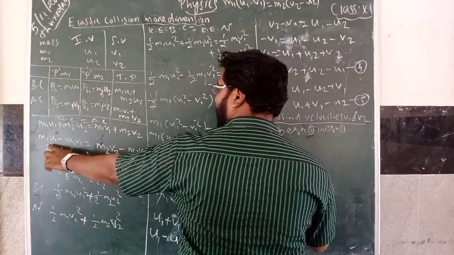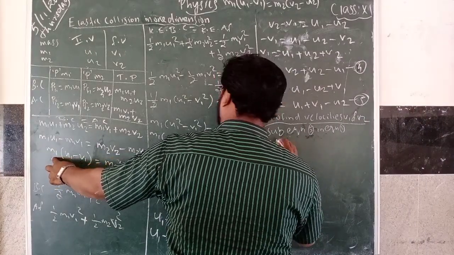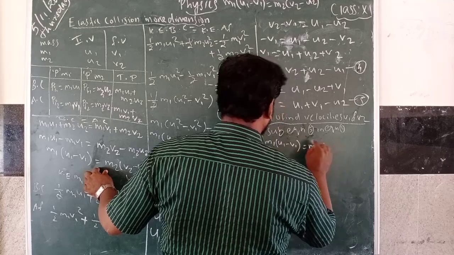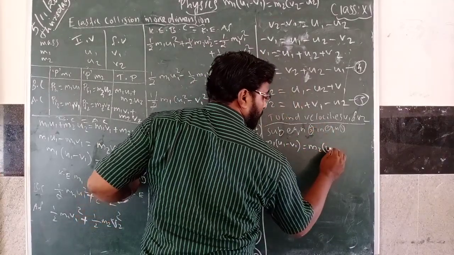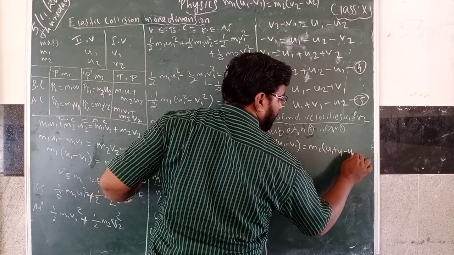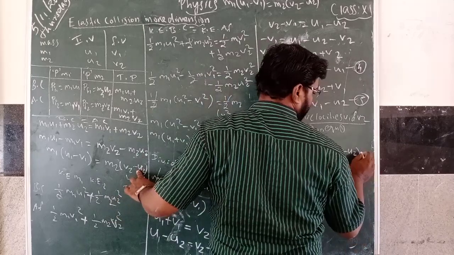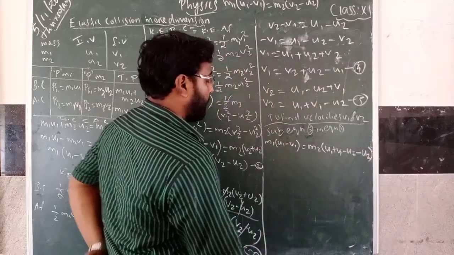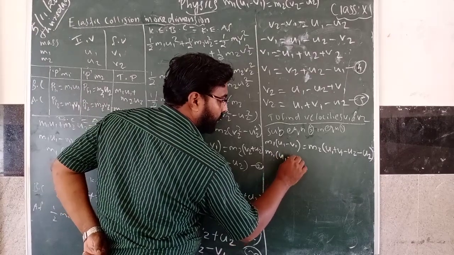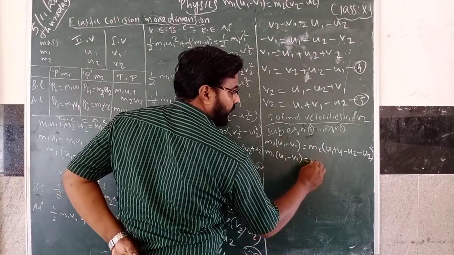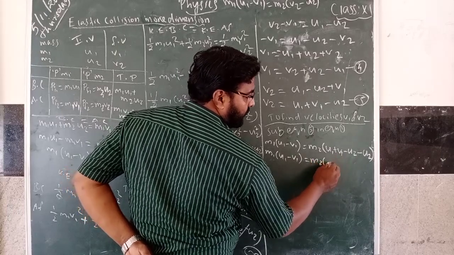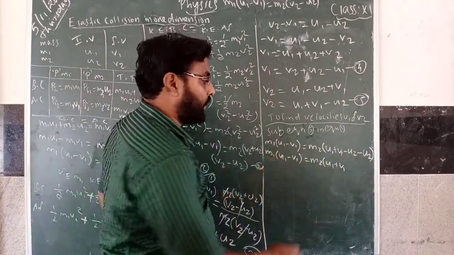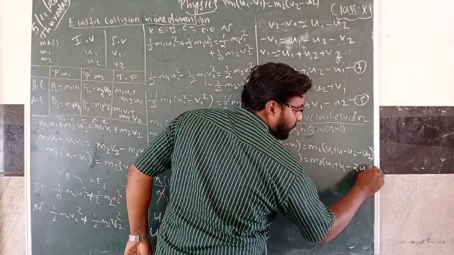So what will come? m1 into u1 minus v1 equal to m2 into v2, and v2 means this value, u1 plus v1 minus u2, minus u2. Minus u2 minus u2 is minus 2u2.